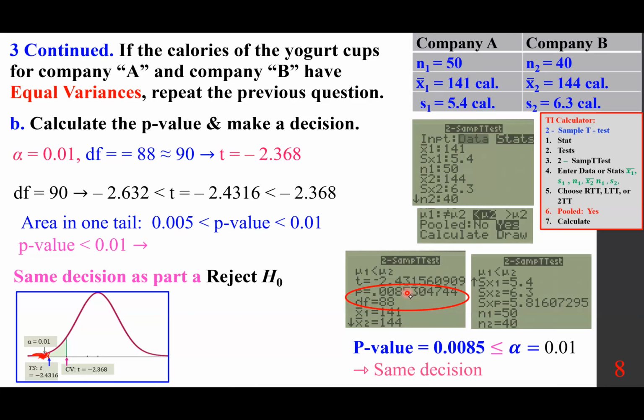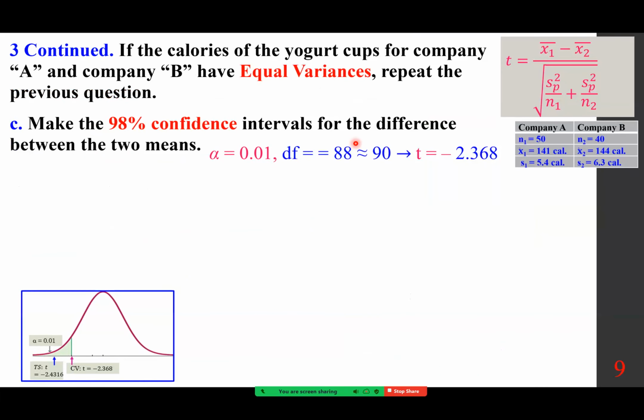Let's continue with the confidence interval for this. We want to make a 98% confidence interval, and I'm going to remind you, whenever we have a one-tail test with alpha of 0.01, it is equivalent to a 98% confidence interval.